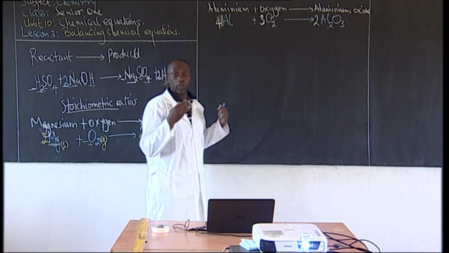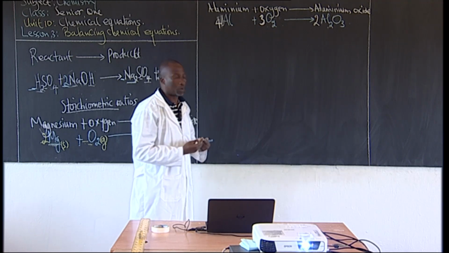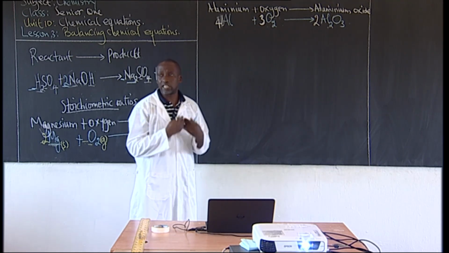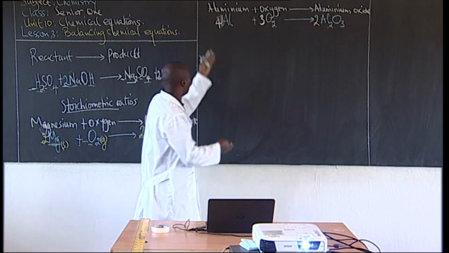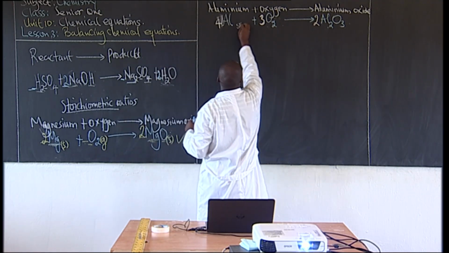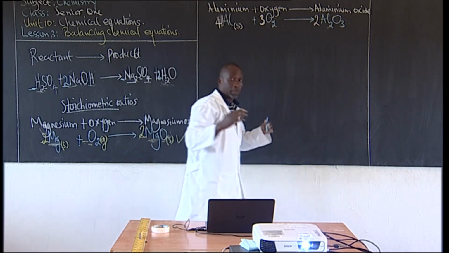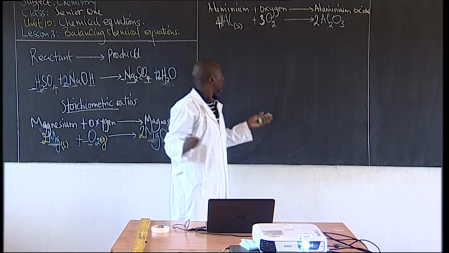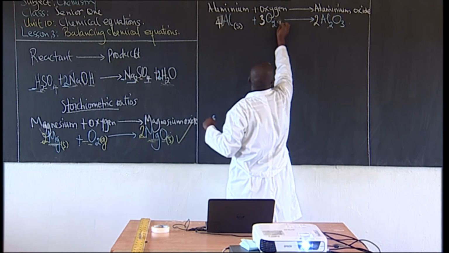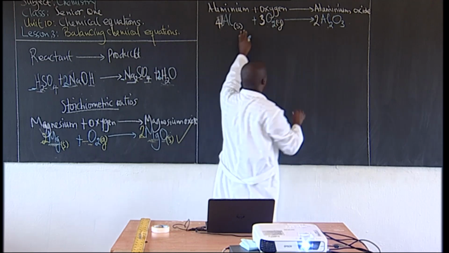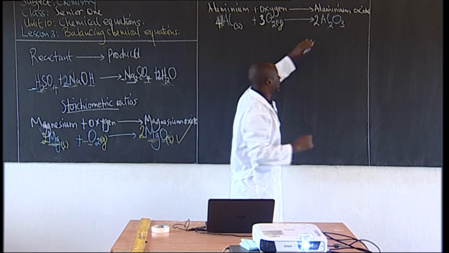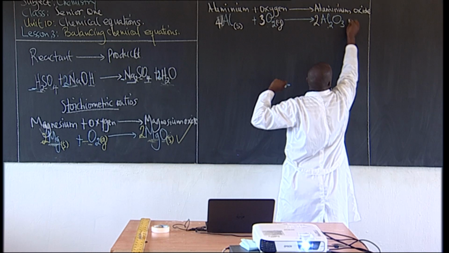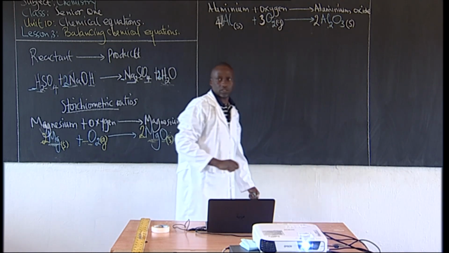Before we check, we need to put the symbols that represent the states of these substances. Now, this is aluminium. Aluminium is a metal, so it will be a solid. Oxygen is a gas, as we have mentioned below, and the oxide is a solid. The oxides of metals are solids.